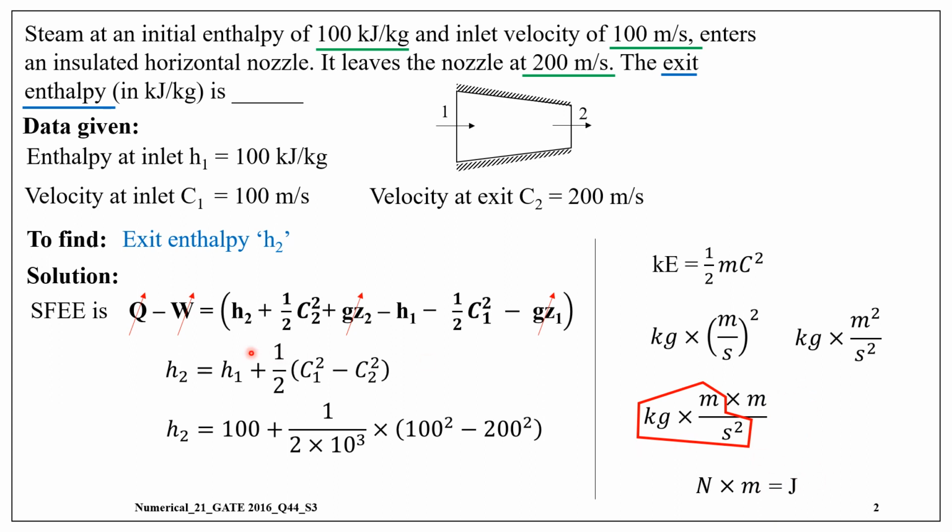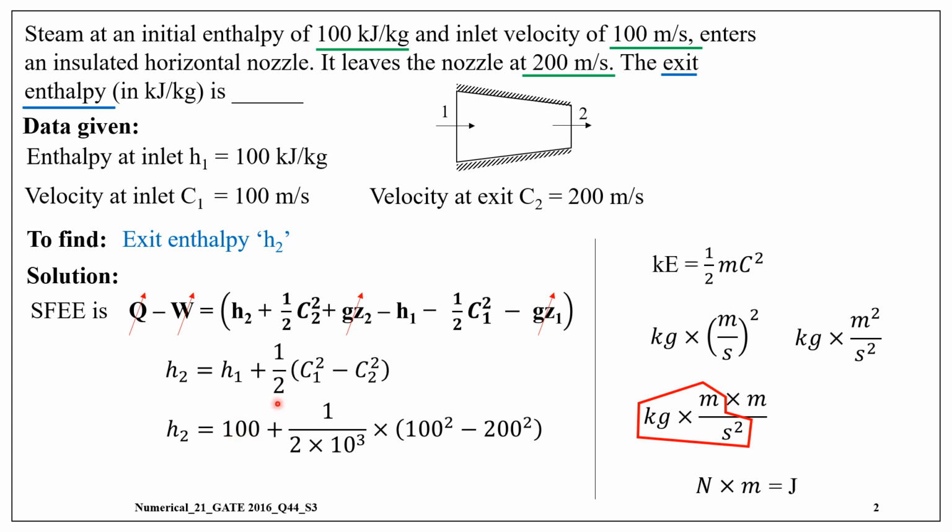Now, look at this equation. We have H1 enthalpy and the kinetic energy term. Enthalpy H1 is in kilojoules per kilogram, but when you substitute the mass 1 kg and velocity in meter per second, the unit is joules.